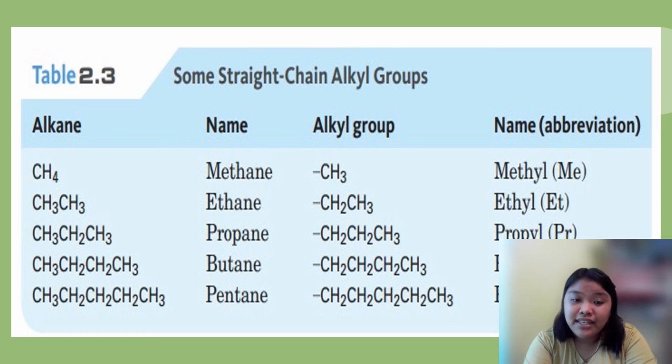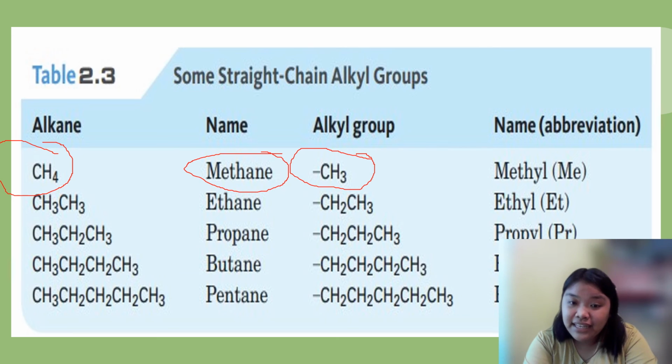So, as you can see on the table, we have CH4, ito yung alkane. So, yung name niya is methane. So, nabawasan ng hydrogen. Removal of one hydrogen from an alkane. So, yung CH4 nagiging CH3 na lang. CH3 guys is methyl. So, kaya yung ANE na change ng YL.